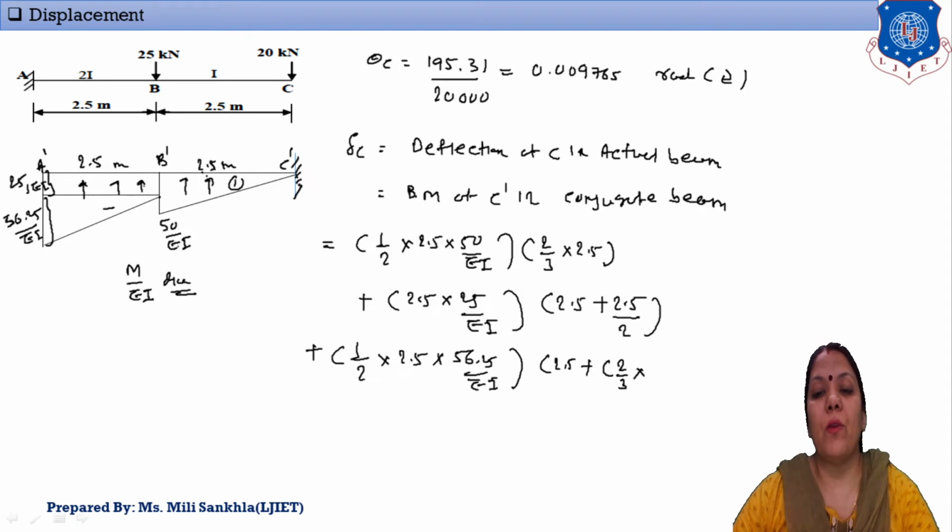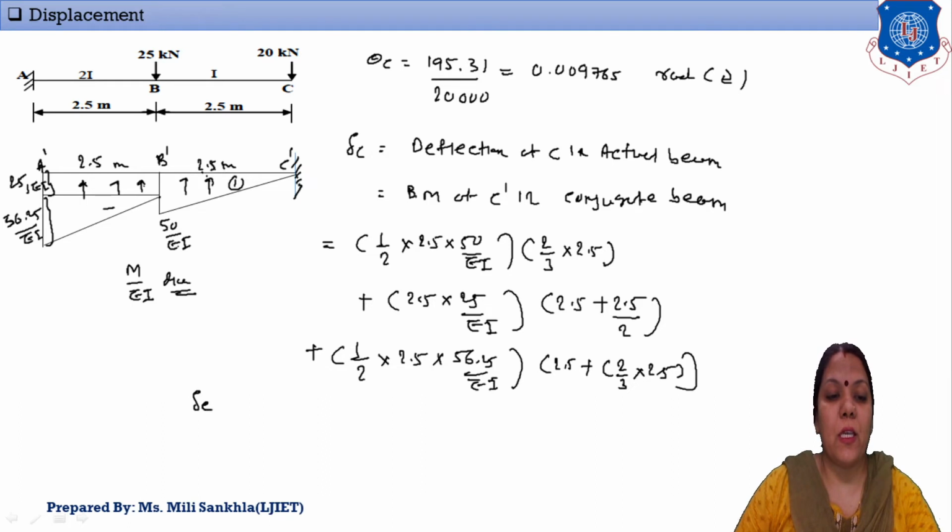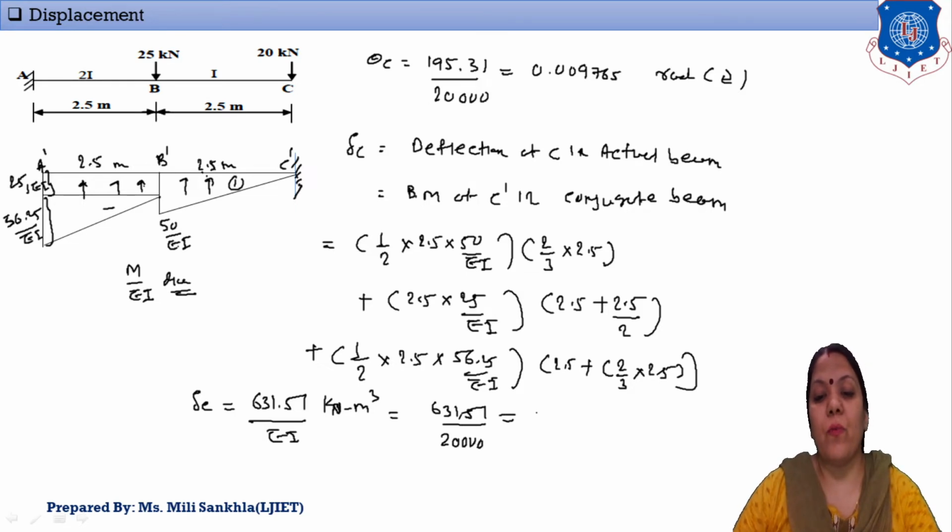Okay, now del C is equal to 631.51 kilonewton into meter cube divided by EI. Now 631.51 divided by EI, with EI equal to 20,000, gives 31.57 mm, and this answer is positive, so make the sign in the downward direction.